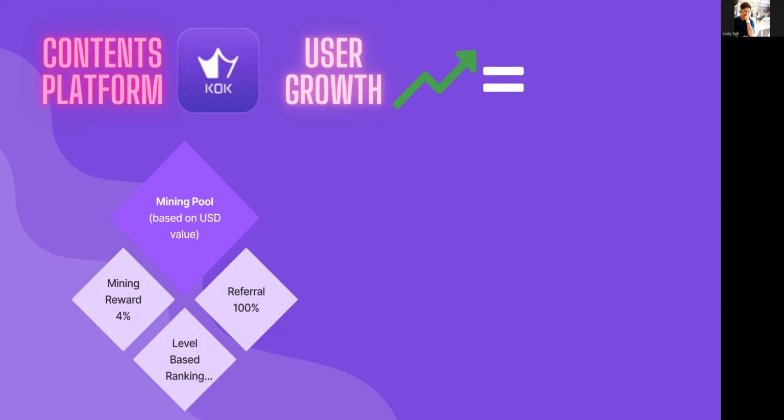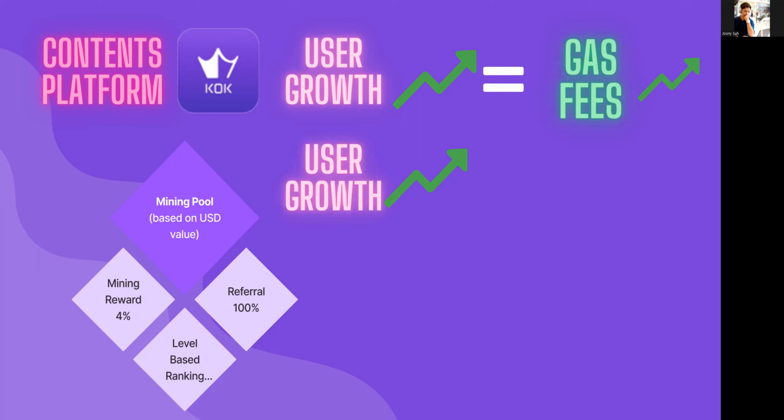Now, as more and more users come into KOK Play, the platform, whenever they do any type of transactions, will be paying gas fees. I'll note that down. The next thing that happens when we have more users in a platform is that more users become a bigger marketplace for people who want to sell to those users. And as I told you, KOK Play is a content platform, a digital contents platform. Well, if you're a digital contents producer of either apps, music services, video services, or even the content themselves, you want to sell to a bigger market.